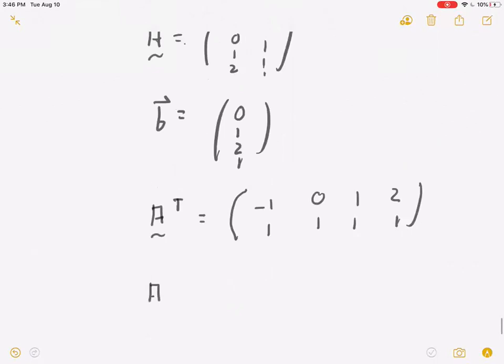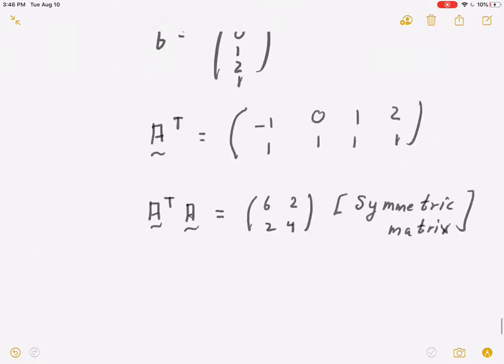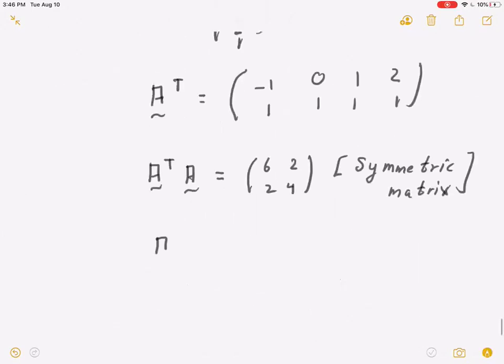I'm going to need the matrix product of the transpose of A times A, and that's going to be the following matrix. Again, eagle-eyed members of the audience recognize that this is a symmetric matrix. This is not an accident. And then finally, I'm going to need the transpose of A times B. And that's going to be a matrix that has 2 rows and 1 column.